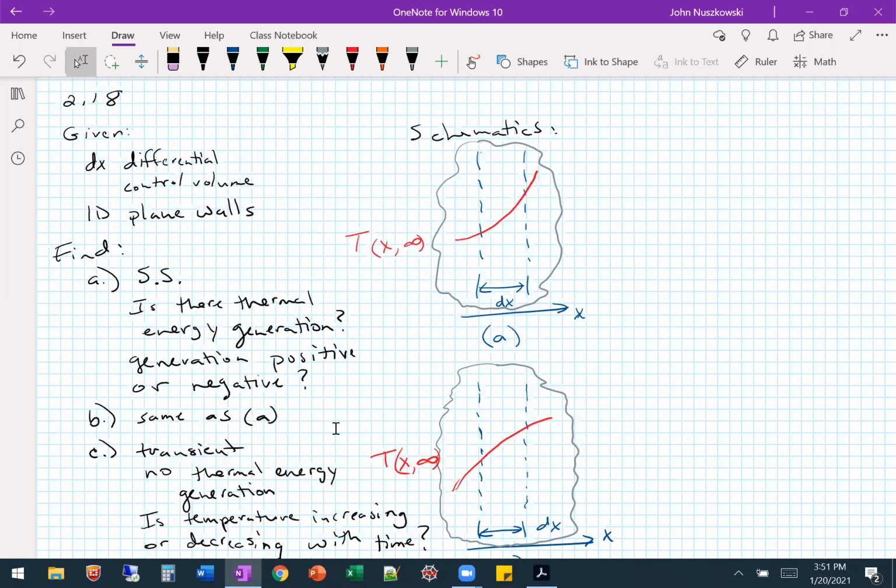So there's more energy coming in than energy going out. Maybe. So temperature by itself, I was just saying it's increasing over time. Over time. So it's steady state. So there's no time in this one.